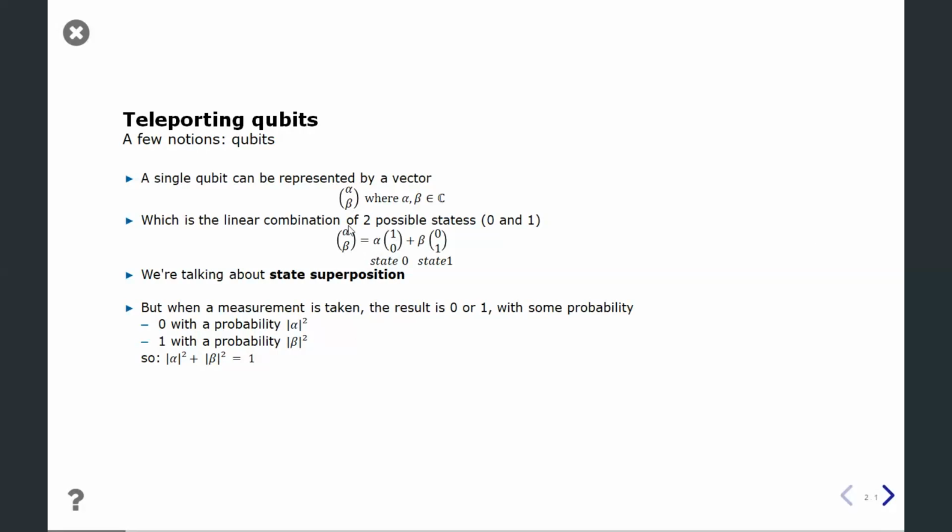So when I do the measurement of my qubit that is in this specific state, I will get either 0 with a probability of the square of the norm of alpha, or 1 with a probability of the square of the norm of beta. And for sure, I have either state 0 or state 1, so the sum of the probabilities for sure is 1.